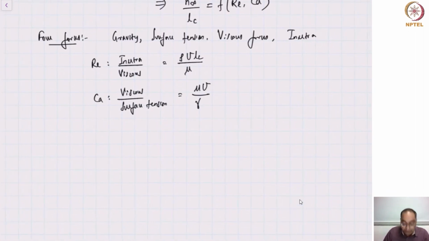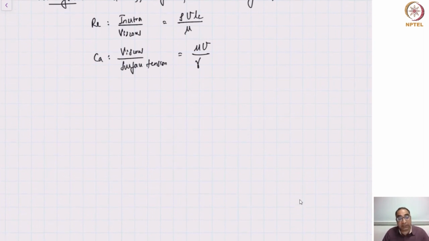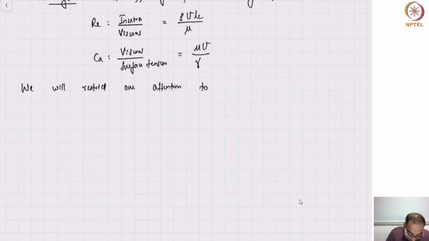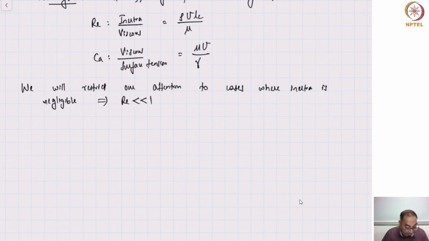So for simplicity, we will restrict attention to low Reynolds number cases. These are the cases where inertia is negligible, and this implies that Re is much smaller than 1.